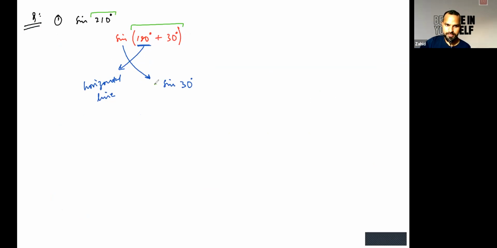So just write it minus. So it will be minus of sine 30 degrees, which is nothing but half. So in total, sine of 210 degrees is equal to minus 1 by 2.